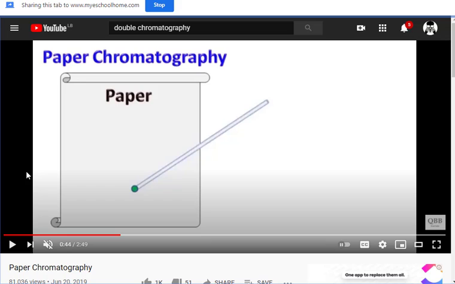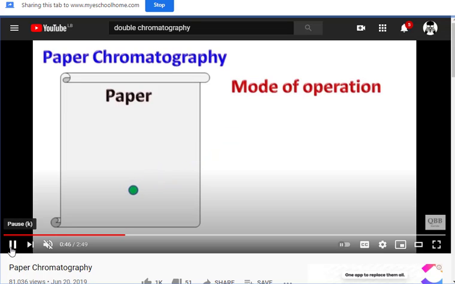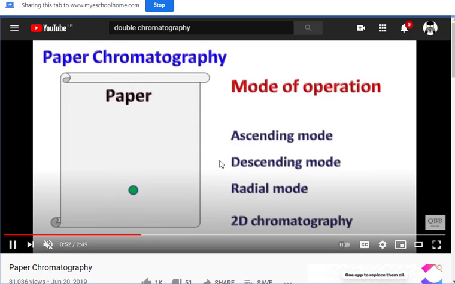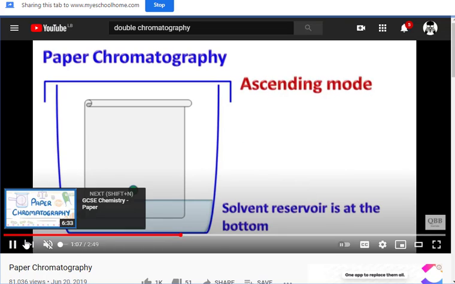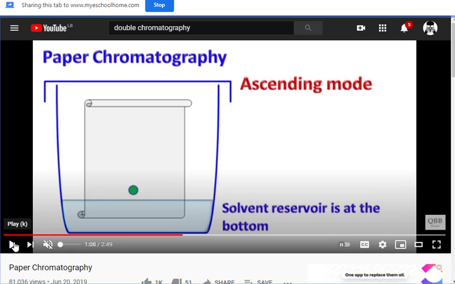It's called paper chromatography. Next, after you put it, you put the paper in the first solvent, the first liquid that will absorb these amino acids.